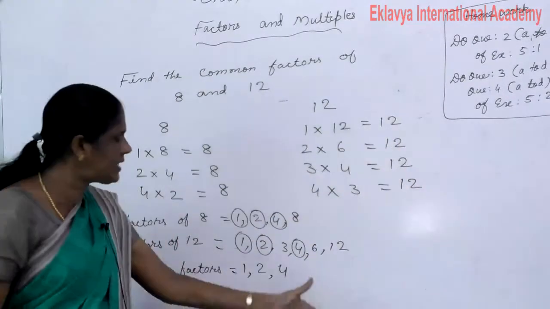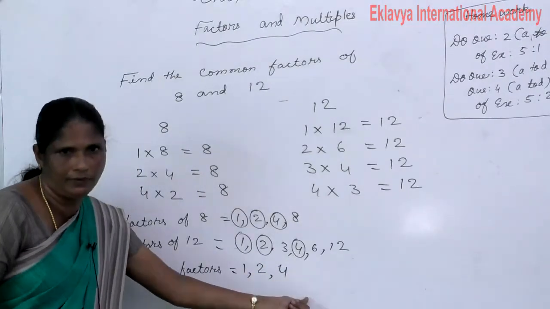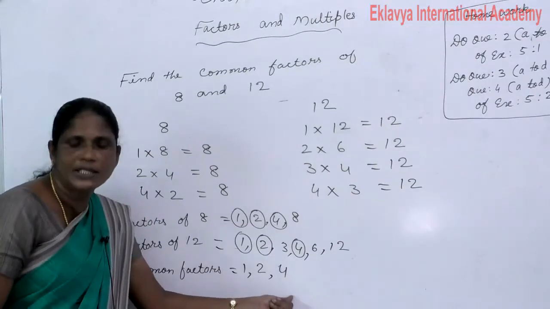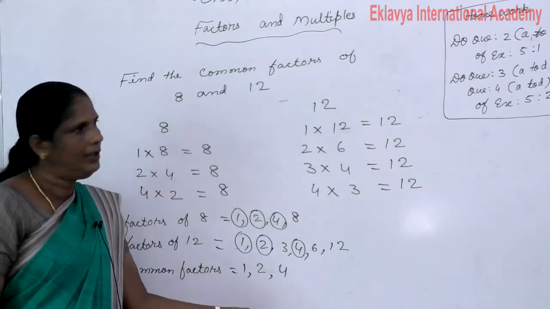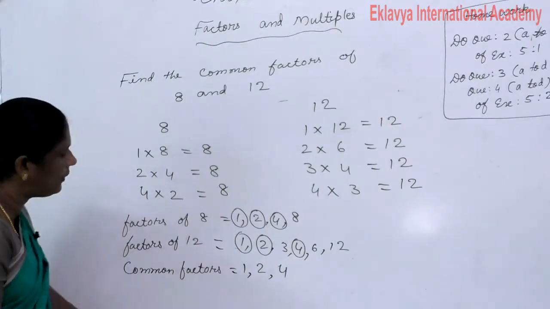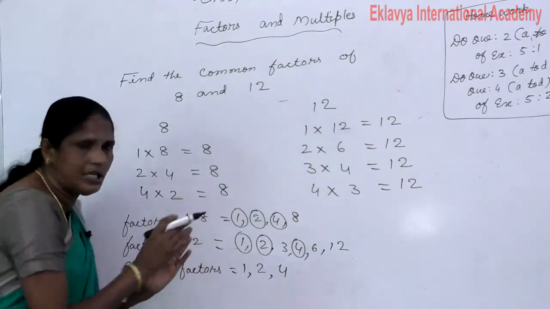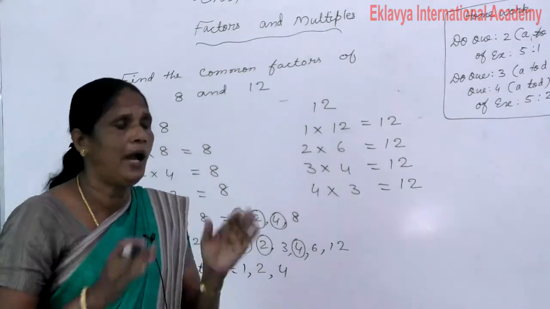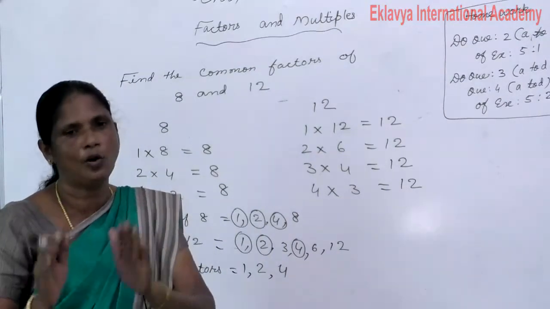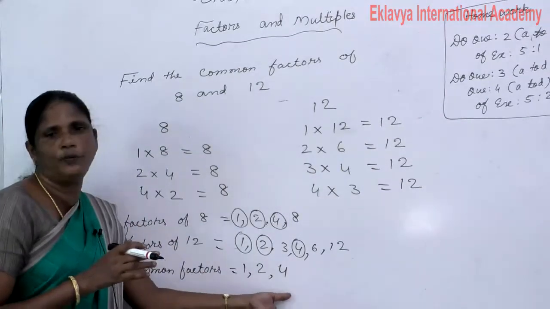What is the HCF here? 4 is the HCF here. So the HCF is equal to 4. What is the full form of HCF? Highest common factor. Here the HCF is equal to 4.